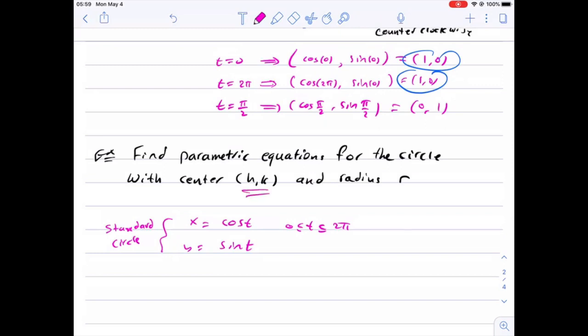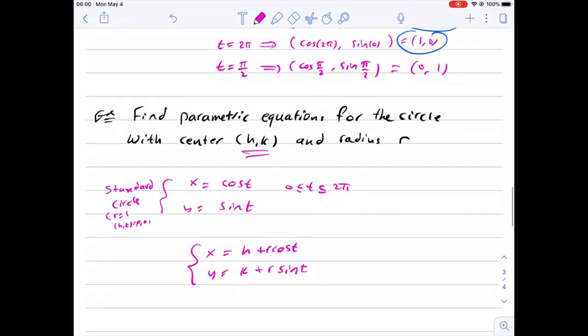Now, if the center is not (0, 0), then we need to add h and k to these. So we get x equals h plus cosine t, but the radius changes. Here the radius is equal to 1 and (h, k), the center, is (0, 0) for the standard case. But here the radius can be anything, so we multiply it by cosine, and y is k plus r sine t.